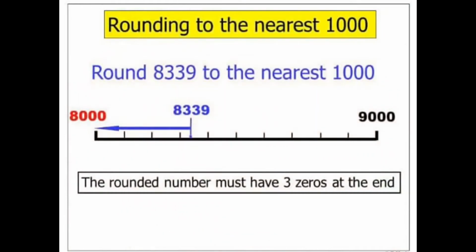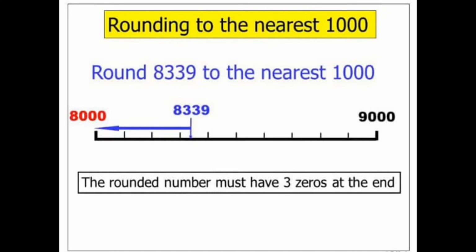Now the question says that round off 8,339 to the nearest 1,000. Now students, here you can see on the number line that the thousands nearest to 8,339 are 8,000 and 9,000.